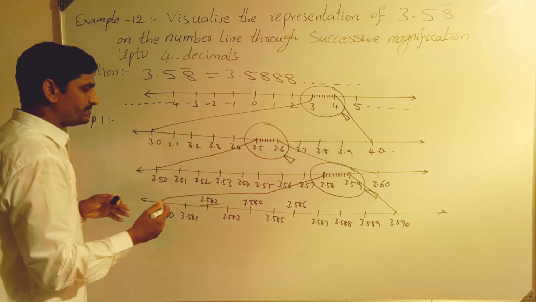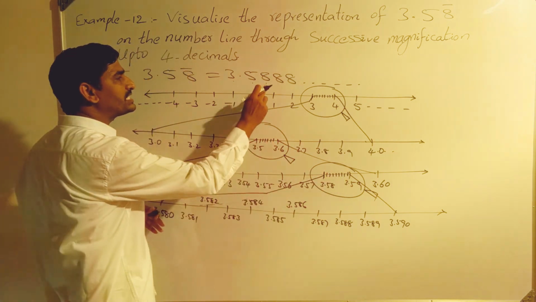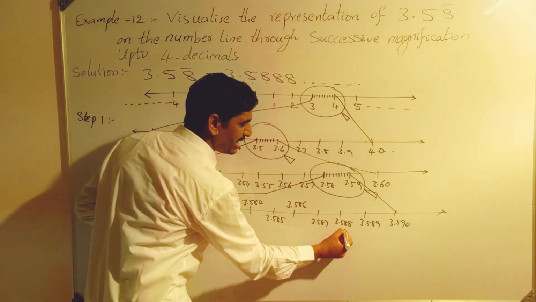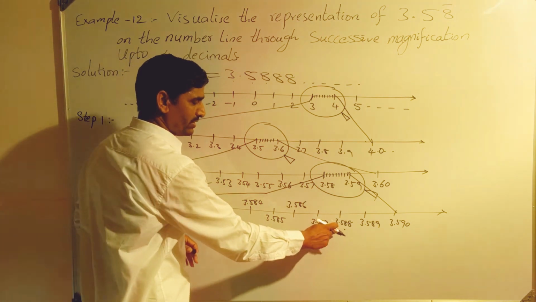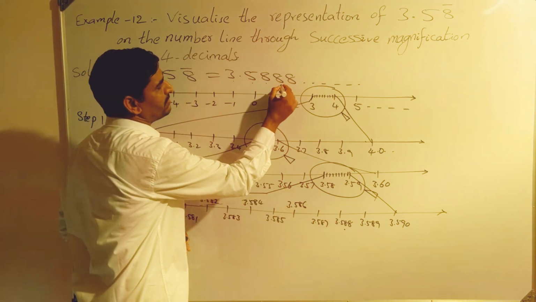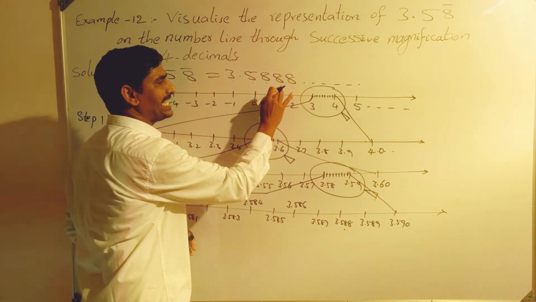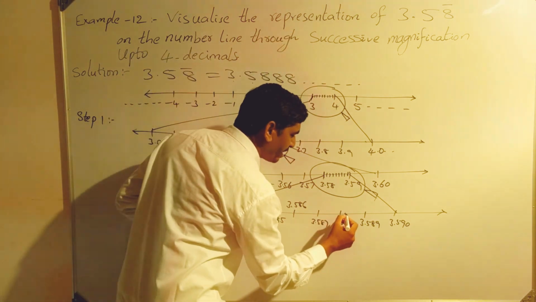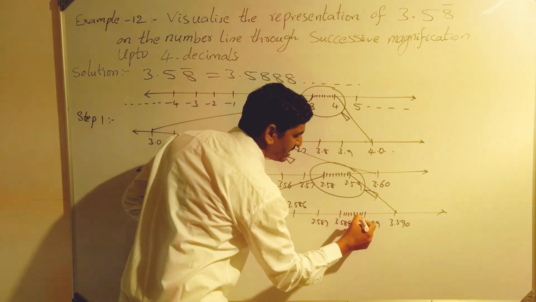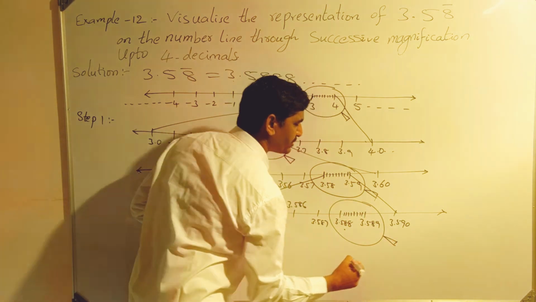Now the third decimal is 3.588. See here, 3.588 is here. To get the next, fourth decimal, more than 3.588, in between these we will get one more observation.